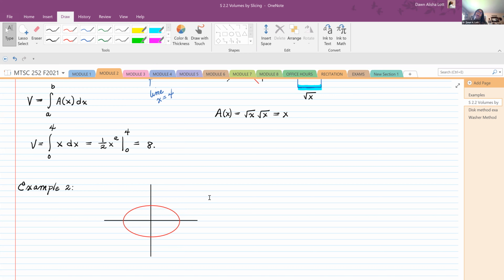And sticking up out of it are rectangles. So that means there are rectangles sticking up out of this thing. So if I choose an x, here's the x I'm going to draw. Choose that x. Then sticking up out of it are rectangles.